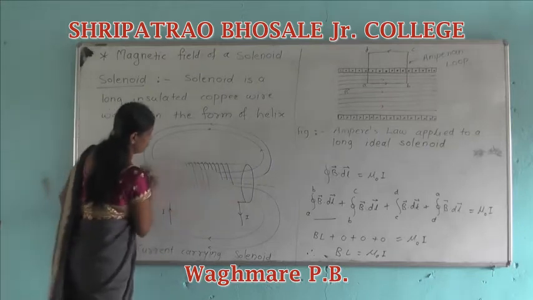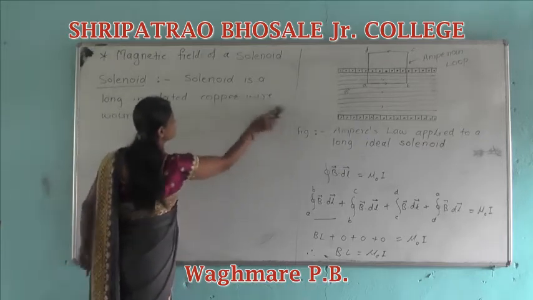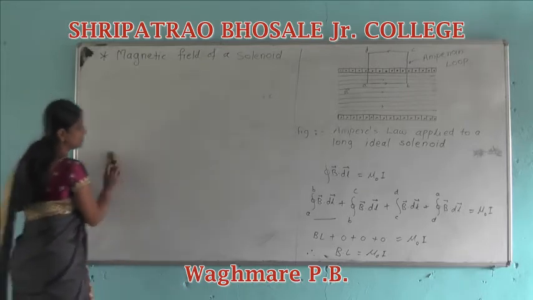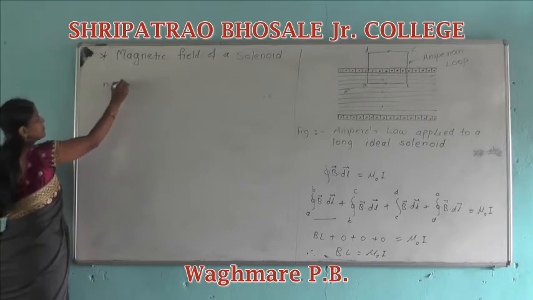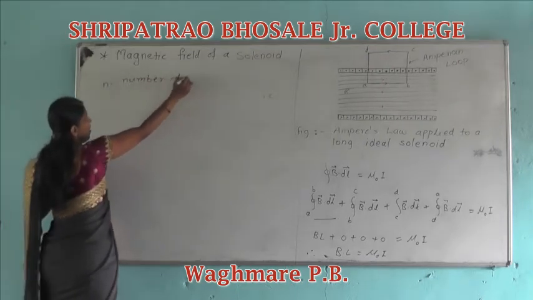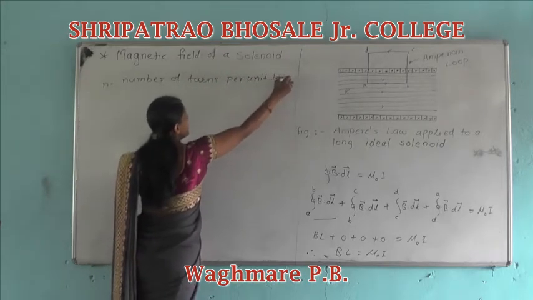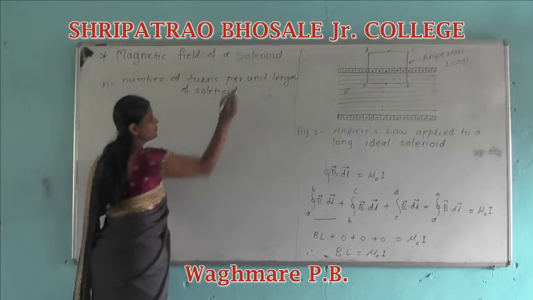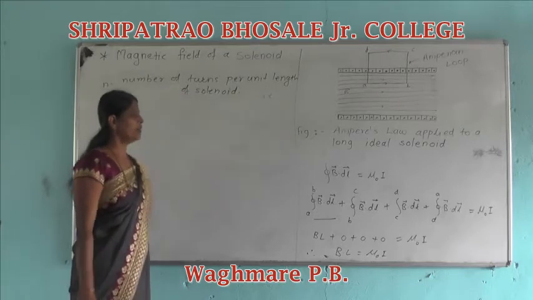Now, we can consider small n, the number of turns per unit length of the solenoid.